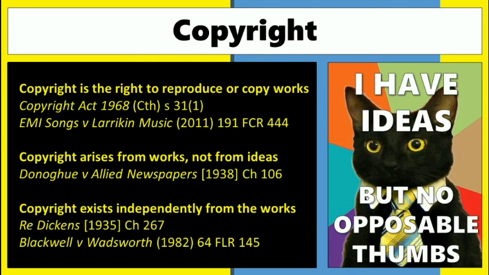Now, this is probably best explained with an example, and this example comes from the case of Dickens from the mid-1930s. It's to do with the estate of the author, Charles Dickens, from Great Expectations, A Tale of Two Cities, and so on.